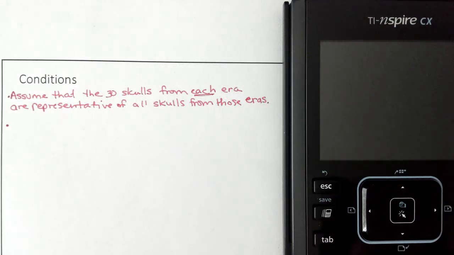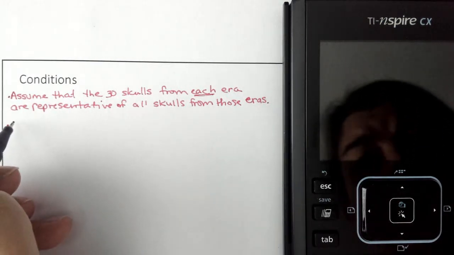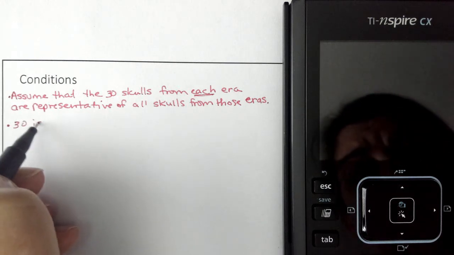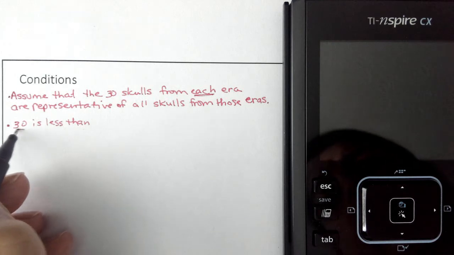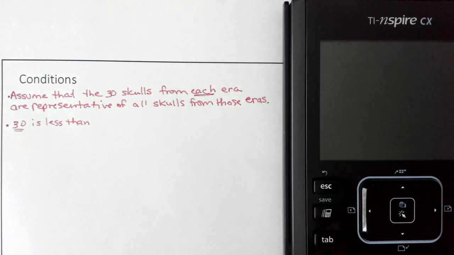And you just choose one. So let's say that 30 is less than, and make sure you always include this number. You're talking about the sample size. This is a sample size check. This check is about making sure your sample is not too large.